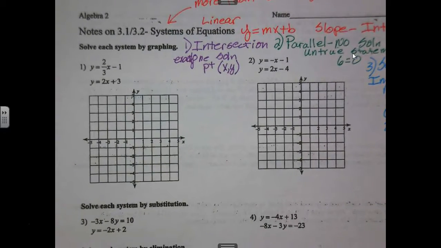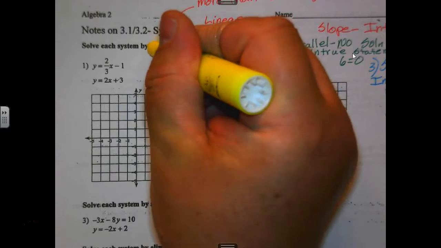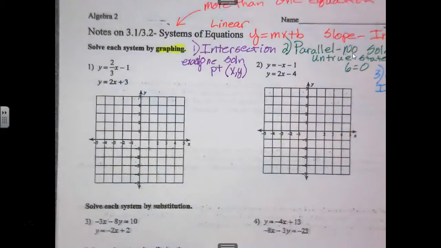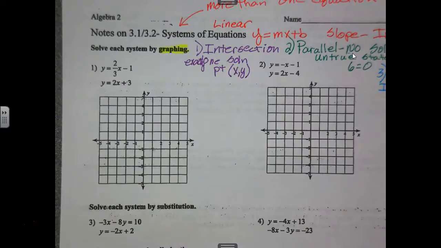All right, so we have a lot of different methods. I'm going to teach you, or you should know, the 3 different methods in Algebra 1. The first method is solving systems by graphing, and you do that by graphing each line.